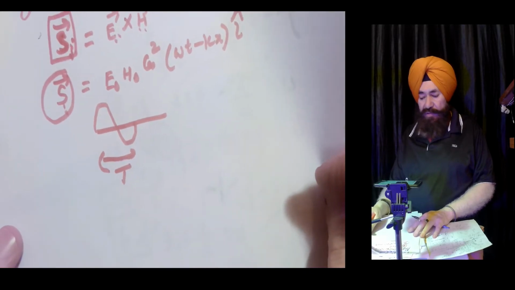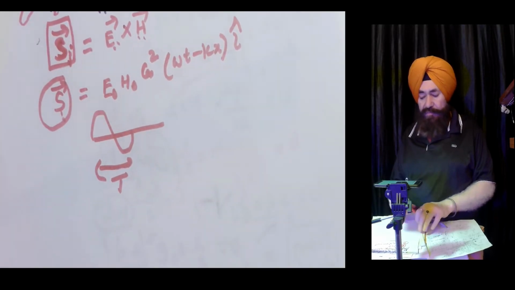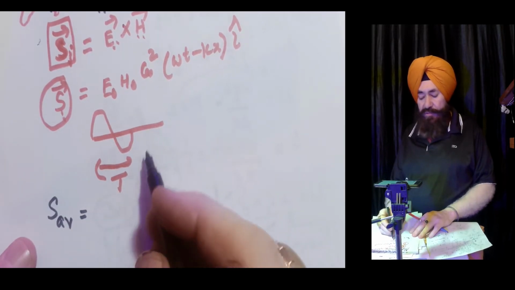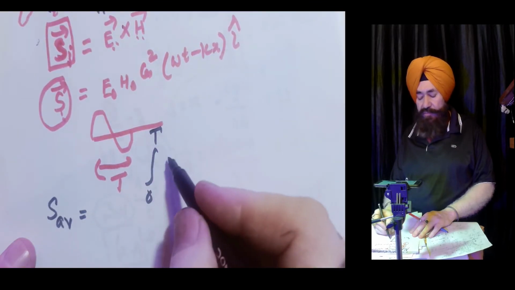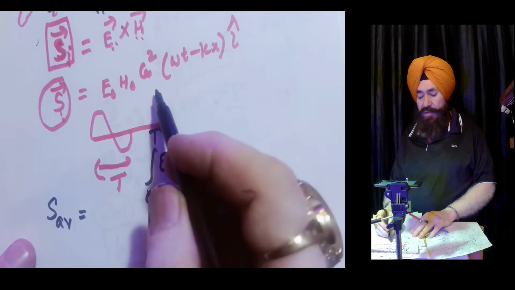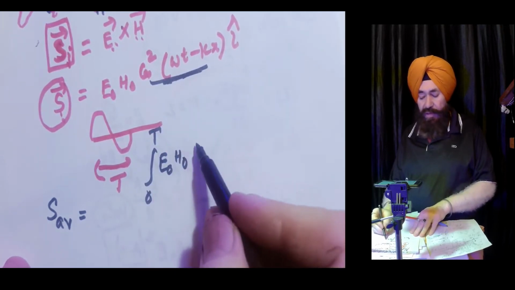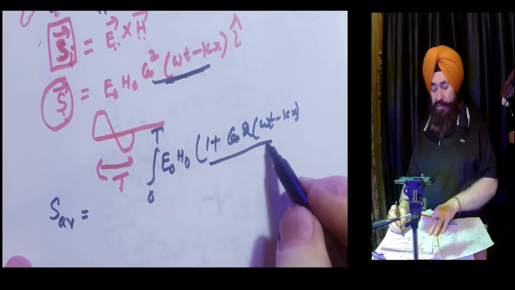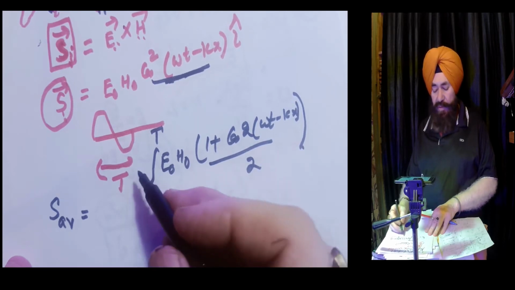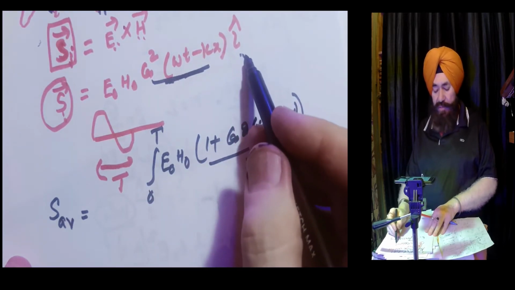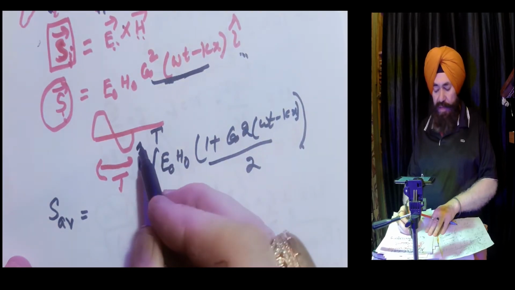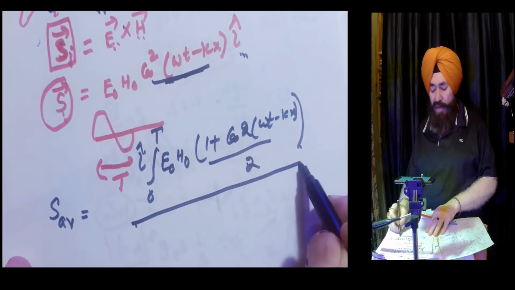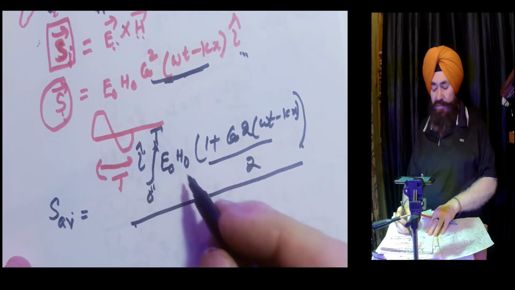The average of the Poynting vector over one complete cycle, this S average, is equal to the integration from 0 to T of E naught H naught cos square theta, which is 1 plus cos 2 theta upon 2, into i cap, divided by T, that is, the average means the integration from 0 to T divided by T.